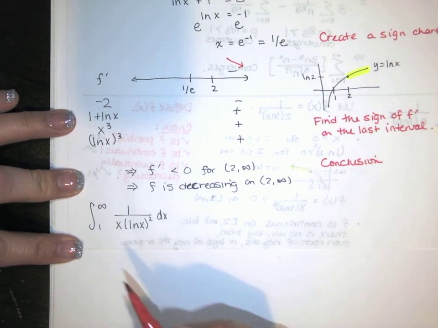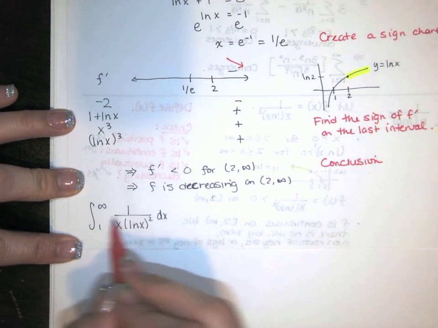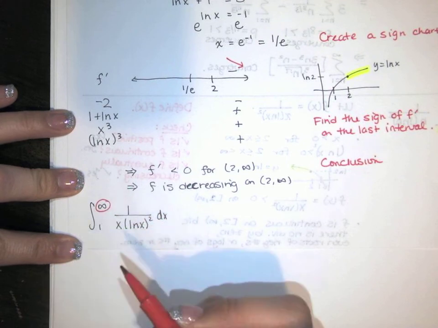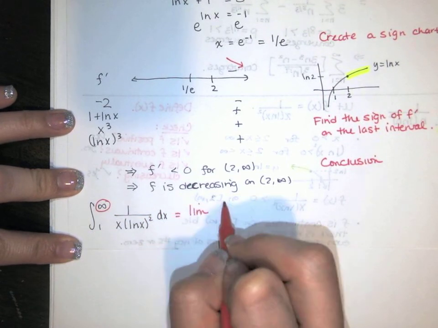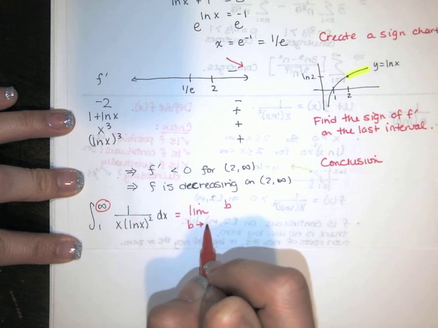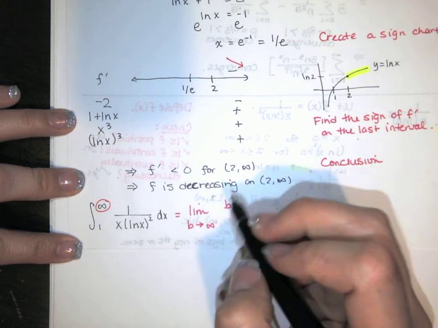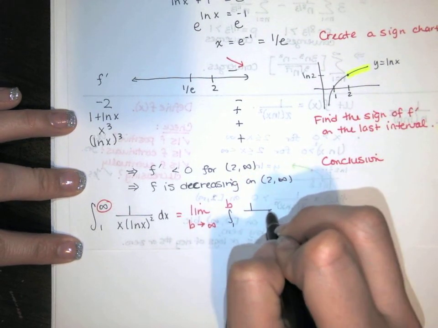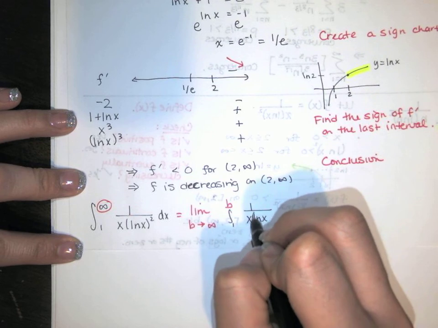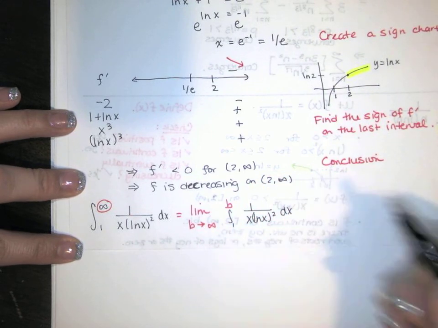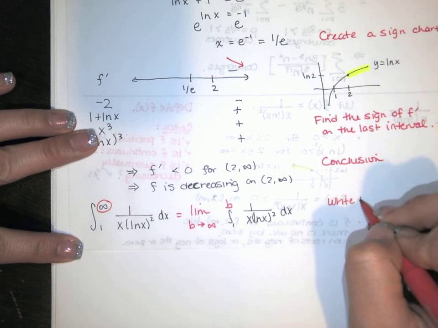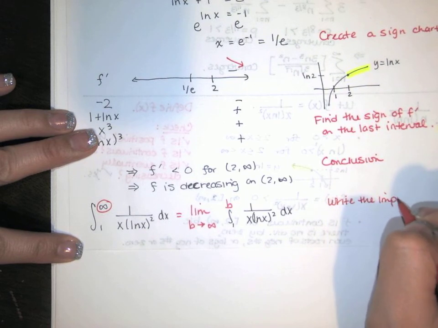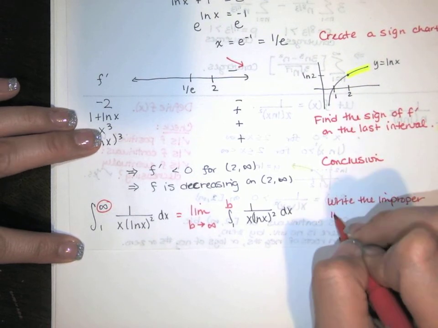Okay. So first we write down the improper integral and then we rewrite it as a limit. Upper limit is infinity, so we replace that upper limit with a b and let b go to infinity. So we always write the improper integral as a proper integral. That's the first thing we do.